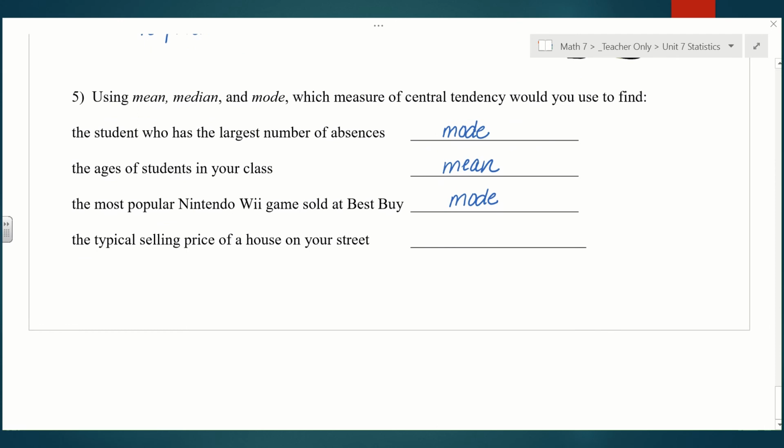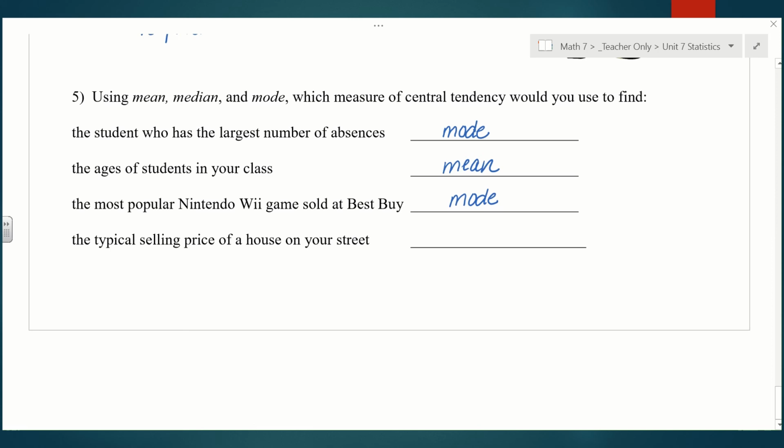And the last one, the typical selling price of a house on your street. So this is actually one that I would like to talk about a little bit further because a lot of times in your data, you will find that your data is pretty similar, right? But let's just say there is a house on your street that sells for way below what the rest of the houses sell for, or way above.